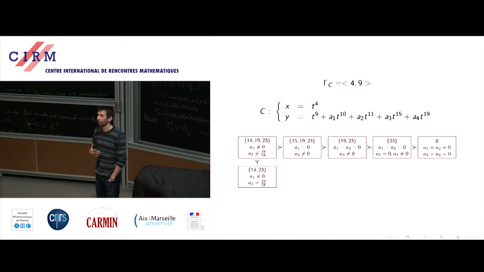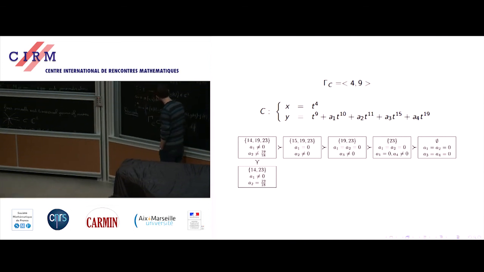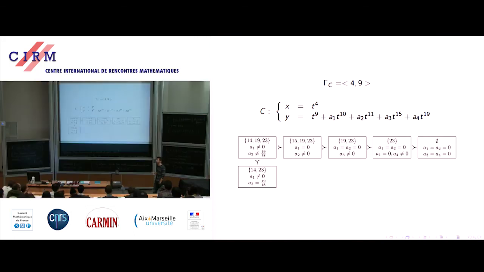Because if you have n branches in your curve, then this set of integers here and here belongs to N to the power n, where n is the number of branches. Then there is a very deep problem of combinatorial techniques. So for the moment, they did not solve completely the problem of Zariski, and so the sentence of Zariski that states that this problem is hard is still a bit true.